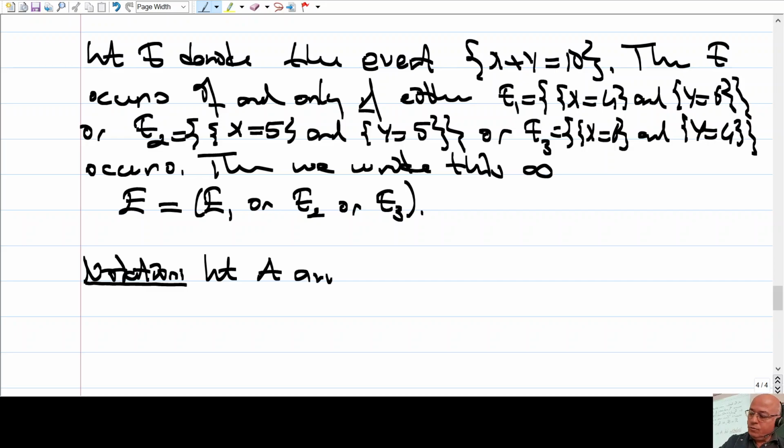Let's talk a bit about notation. Let A and B be events.